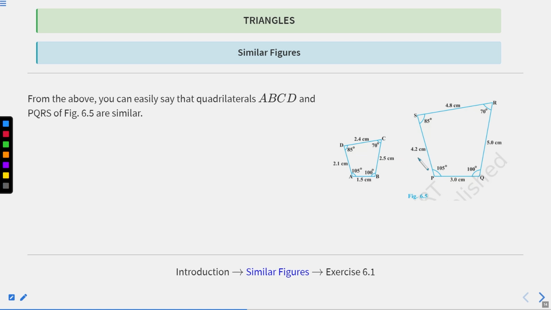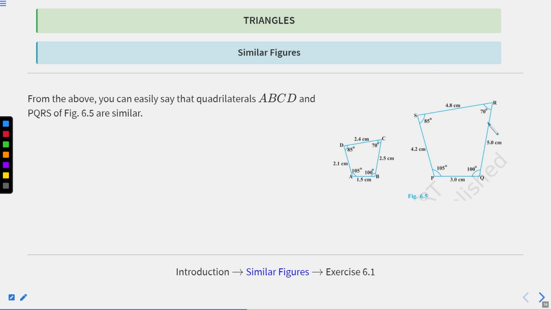Because if we find the angles of quadrilateral ABCD, angle A is 105 degrees, angle B is 100 degrees, angle C is 70 degrees, and angle D is 85 degrees. And the length of side AB is 1.5 centimeters, BC is 2.5 centimeters, DC is 2.4 centimeters, and AD is 2.1 centimeters.